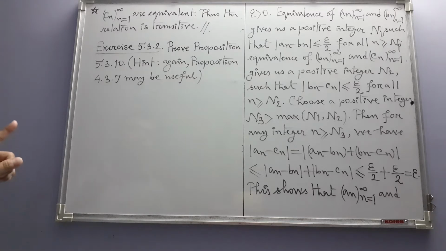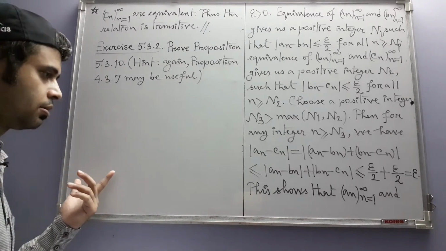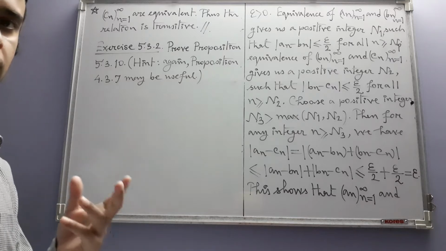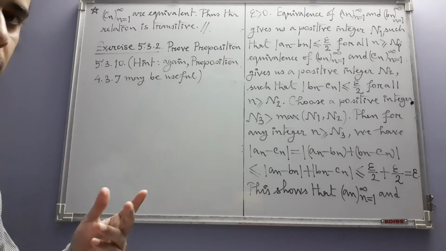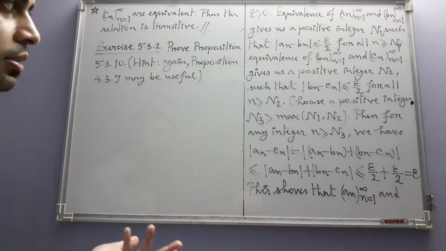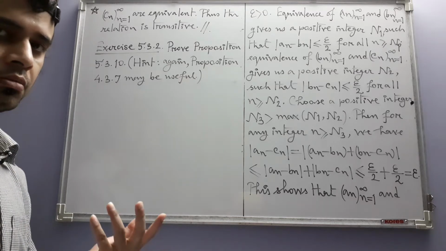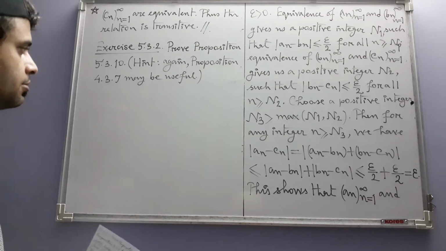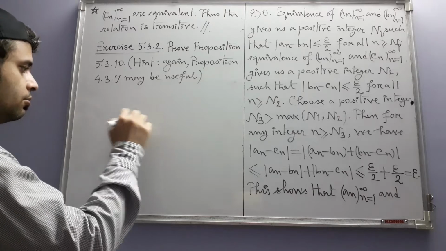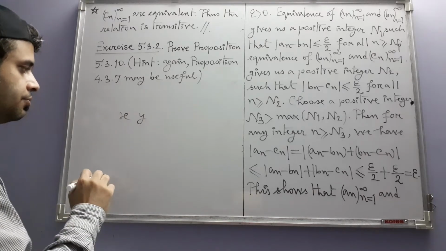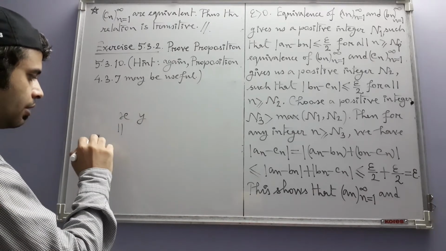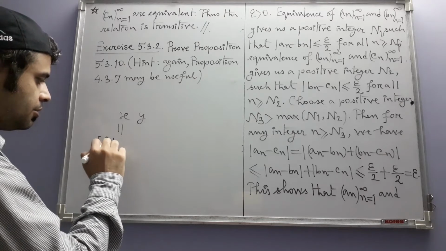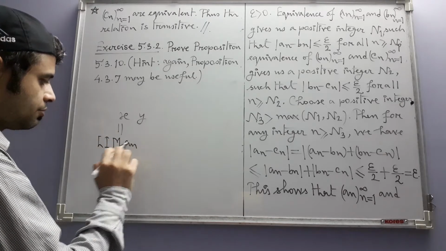Okay, in this proposition, the aim is to show that multiplication of two real numbers that we defined is well defined. That means, suppose you are given two real numbers x and y, which say are formal limits of two Cauchy sequences of rational numbers.